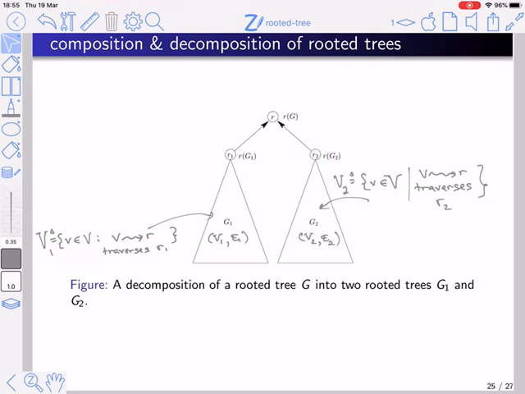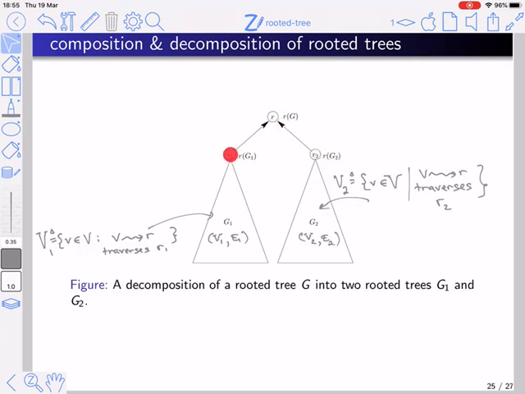Now, we have a partitioning of the set of nodes not including the root into two sets, V1 and V2. And we let E1 denote all the edges between the vertices of V1, and E2 all the edges between the vertices of V2. And we have two more edges, the one from R1 to R, and the one from R2 to R.